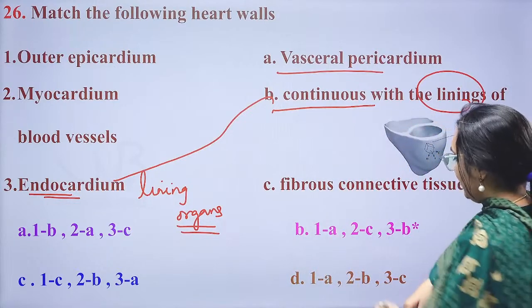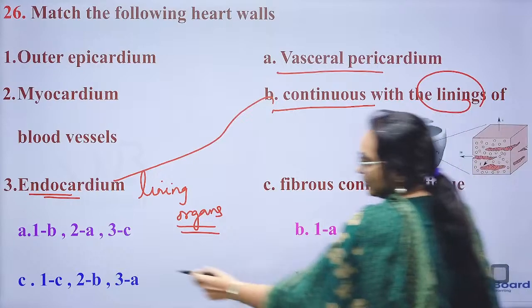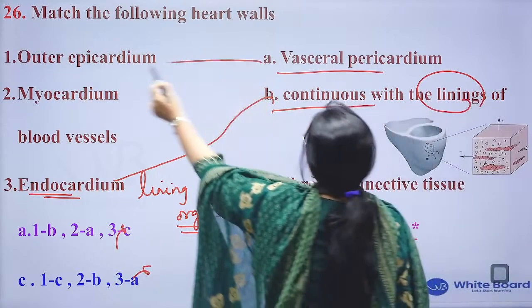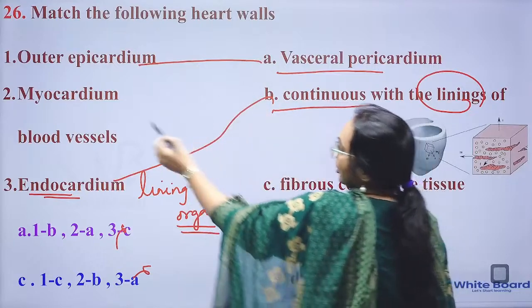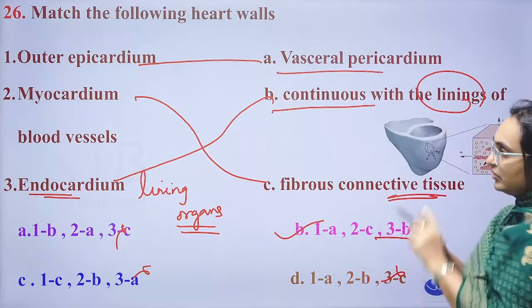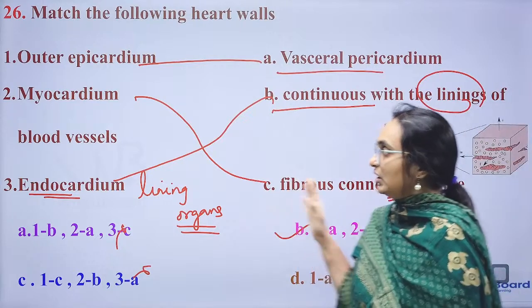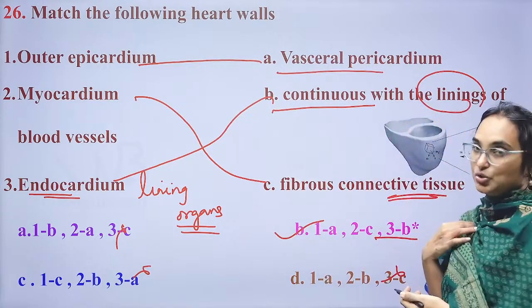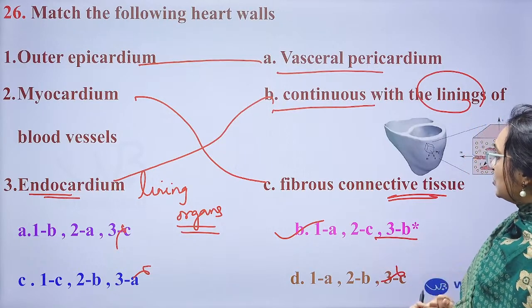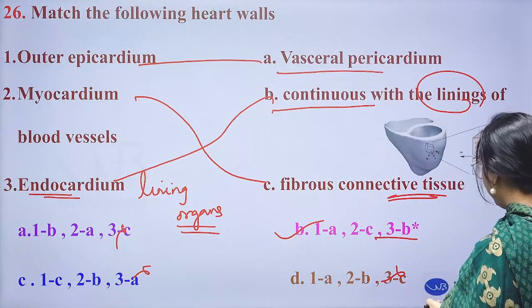So 3 is B. Outer epicardium is the visceral pericardium, the outer layer. Myocardium is the heart muscle tissue, which is the heart tissue. So 2 is C. So 1A, 2C, 3B. Answer is B.